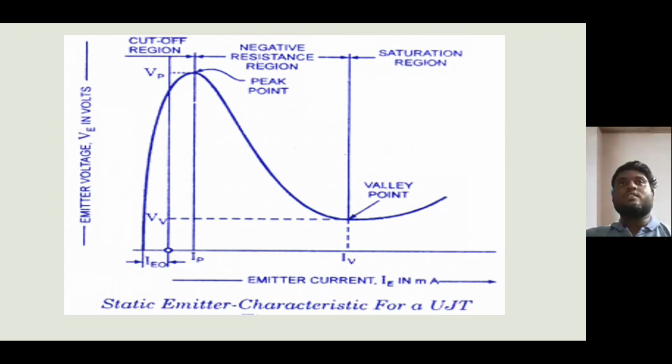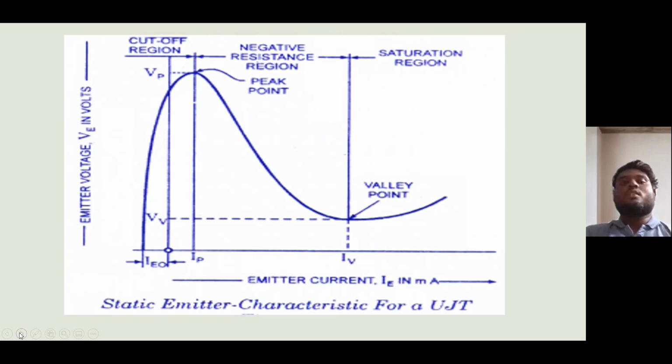Here is the cutoff region, and from IP to IV is the negative resistance region, and after IV is the saturation region. Here is the valley point, and here is the peak point, plotted against the emitter current IE.